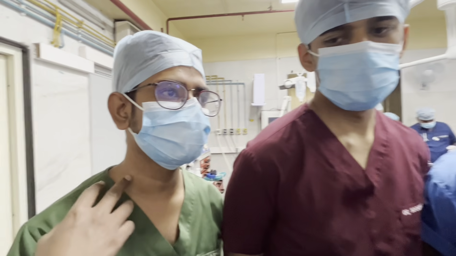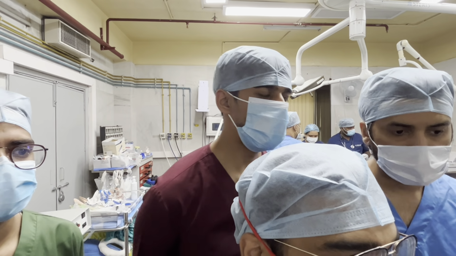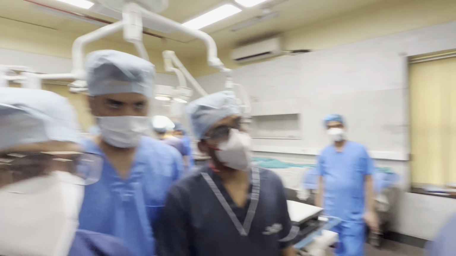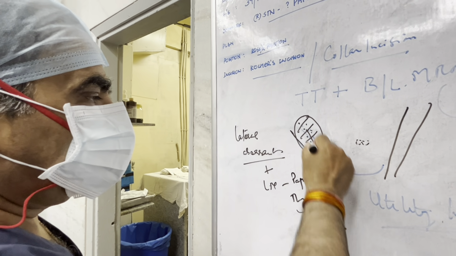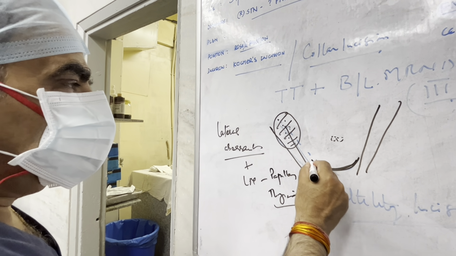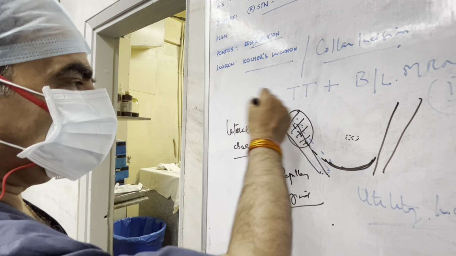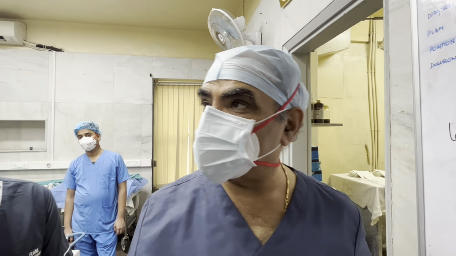So it's a metastatic lymph node in a non-palpable thyroid gland. So the plan doesn't change. We'll go through the same incision and we may extend it up. Okay.